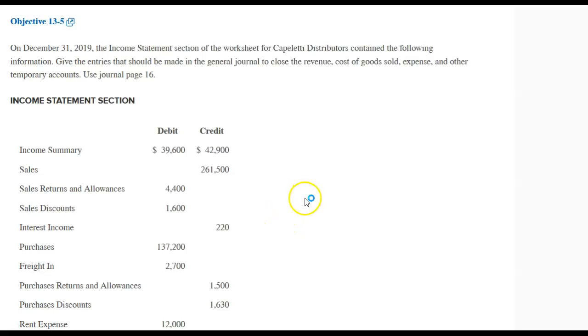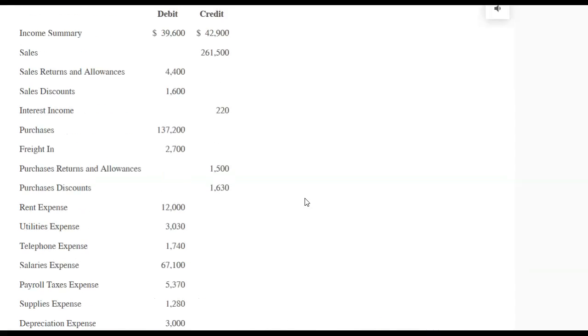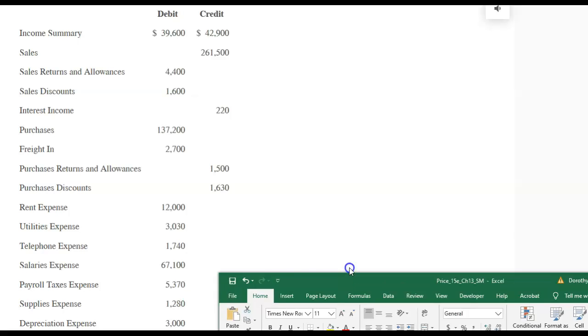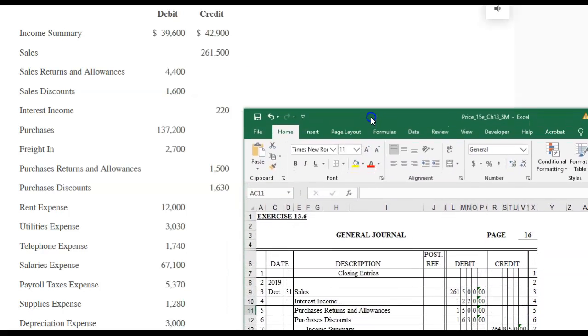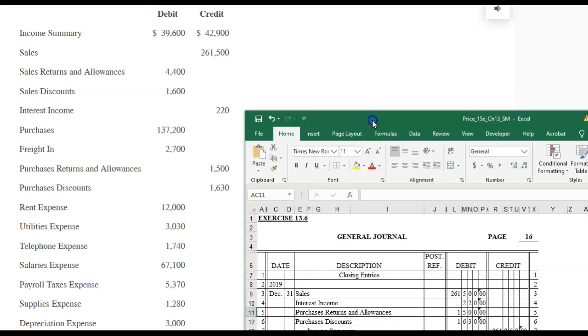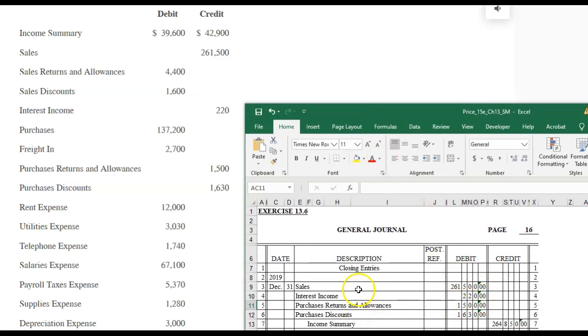So here are our balances. We know we have to first close anything that's related to revenue. So let's list those. We've got revenue, that's your sales. Your interest income is revenue.